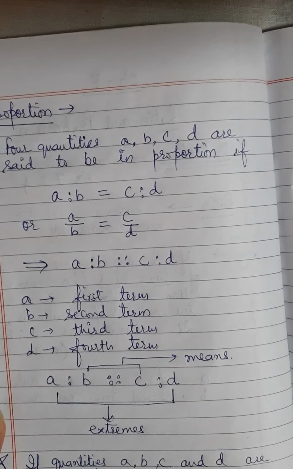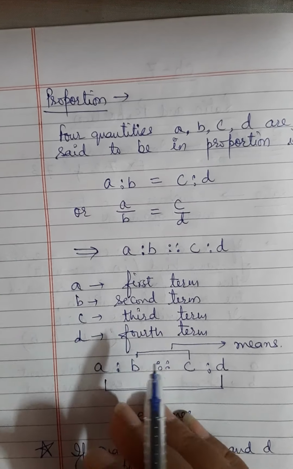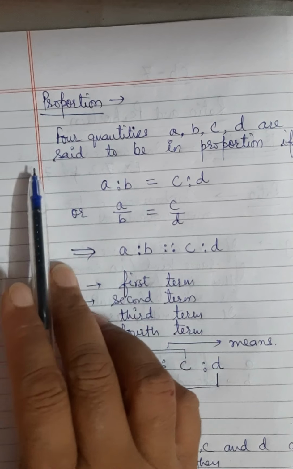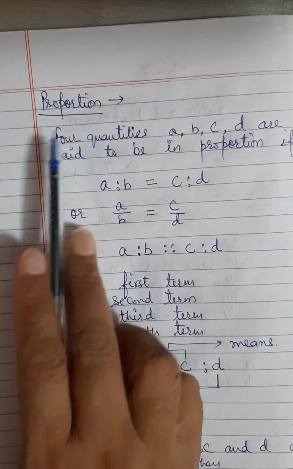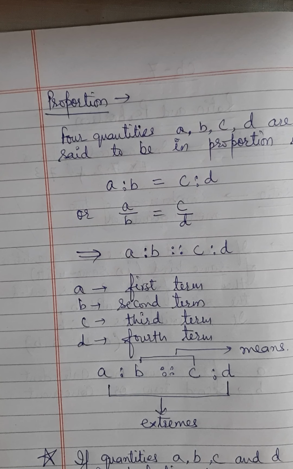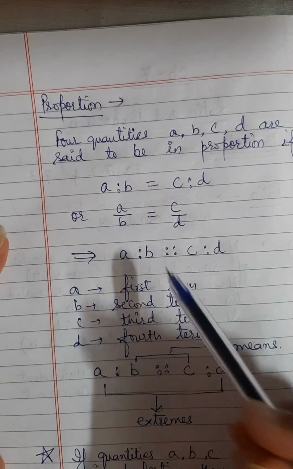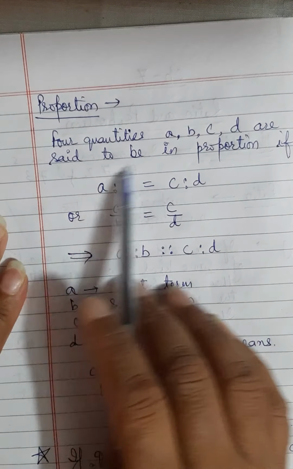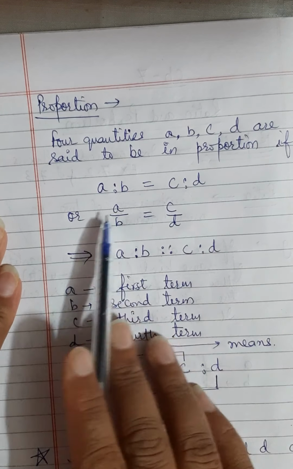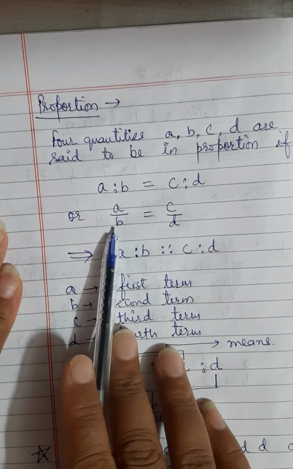Now the proportion. So what is proportion? Actually, proportion is the equality of two ratios, right? But if four quantities are given, then they are said to be in proportion if A ratio B is equal to C ratio D, like this.